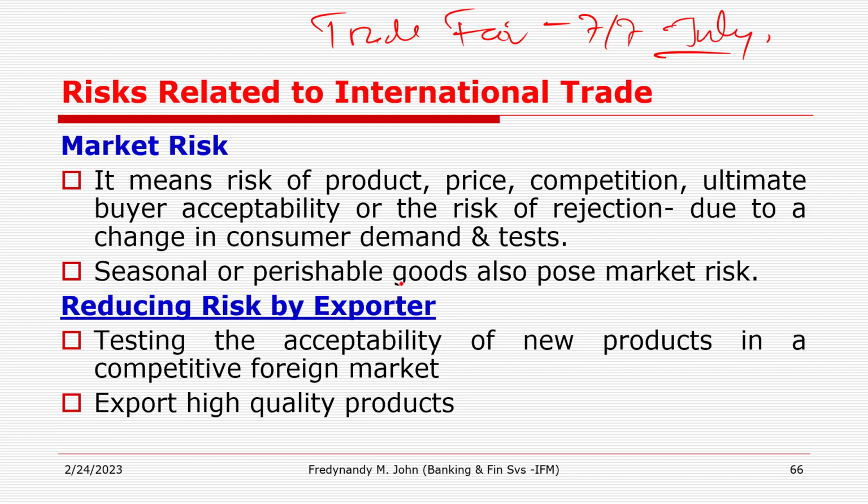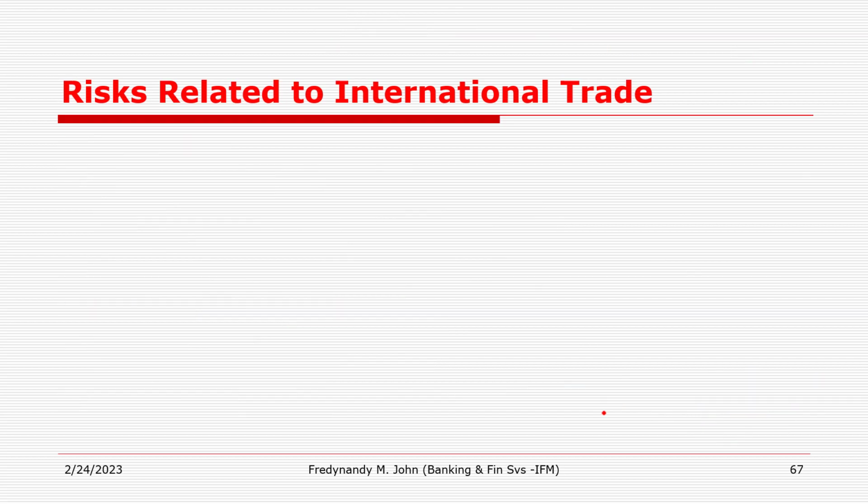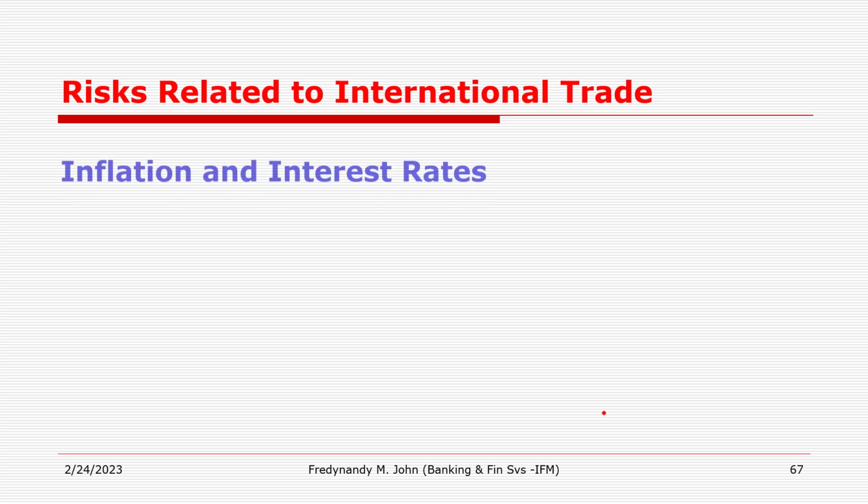We encourage an exporter to produce and export high quality products. Okay? So basically here, you need to meet the standard. Don't produce substandard goods. Okay? Because in the international market, competition is stiff, your goods will automatically be rejected.